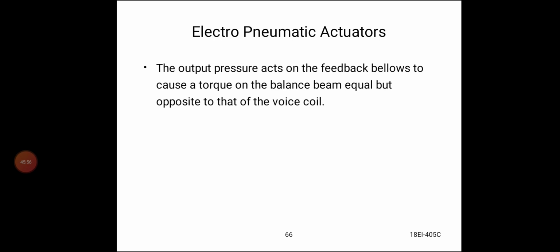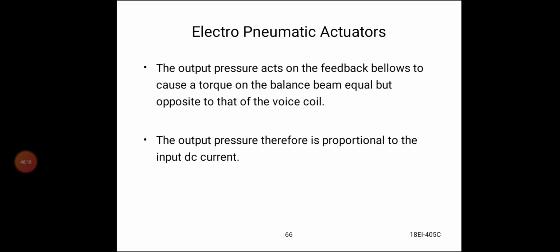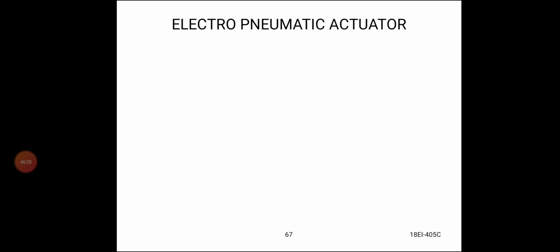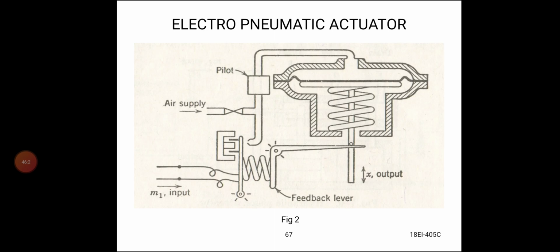The output pressure acts on the feedback bellows to cause a torque on the balance beam equal but opposite to that of the voice coil. The output pressure therefore is proportional to the input DC current. The electro-pneumatic actuator is as shown in the figure.